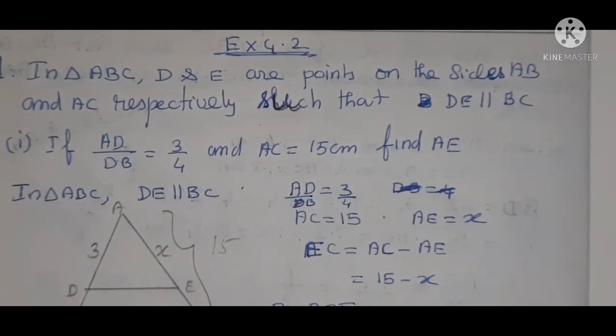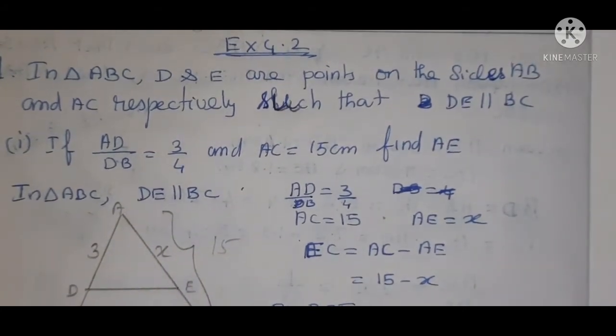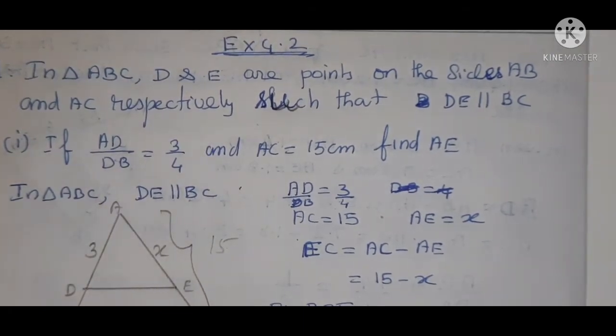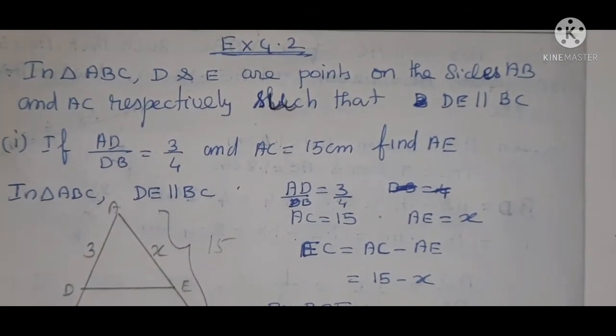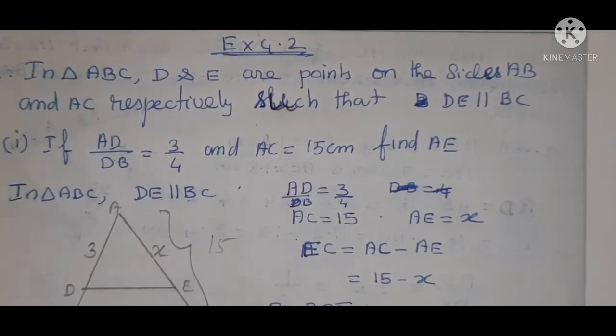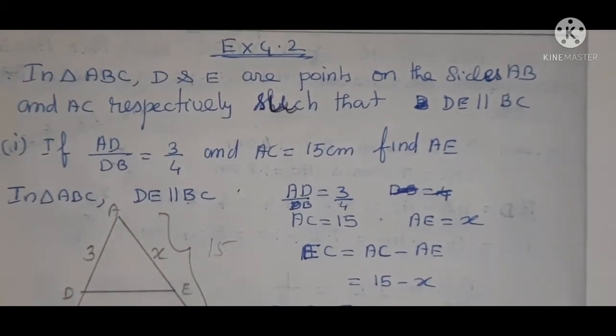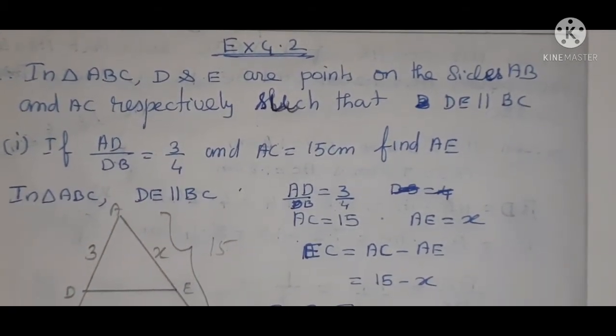Exercise 4.2, sum number 1. In triangle ABC, D and E are points on the sides AB and AC respectively, such that DE is parallel to BC. First one, if AD by DB is equal to 3 by 4 and AC is 15 centimeter, find AE.